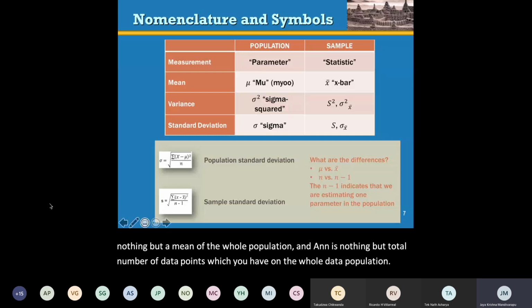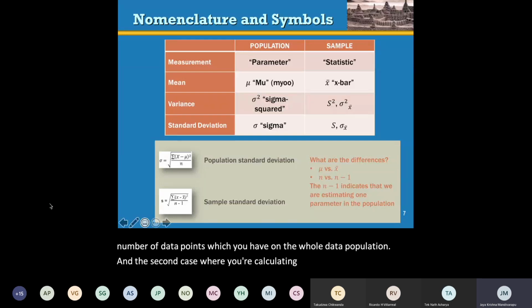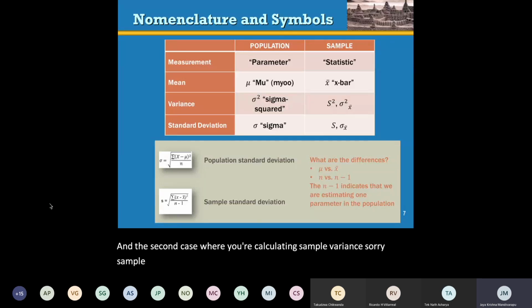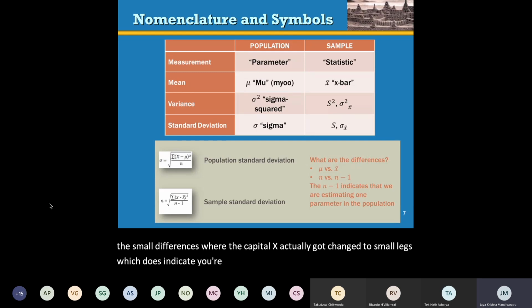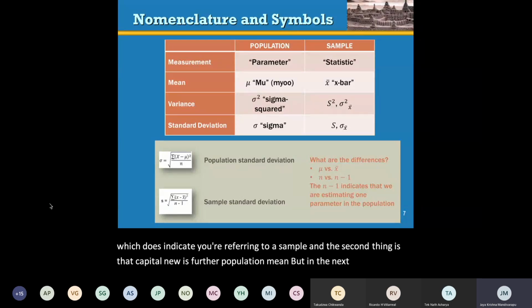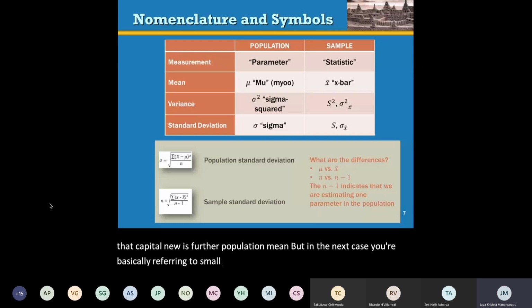In the second case, where you are calculating the sample standard deviation, everything is the same, with small differences: the capital X changed to small x, which indicates you are referring to a sample. Second, capital mu is for the population mean, but in the next case you are referring to small x bar, the mean of a sample, and the denominator is n minus 1 in the case of a sample, whereas for the population it would be n.